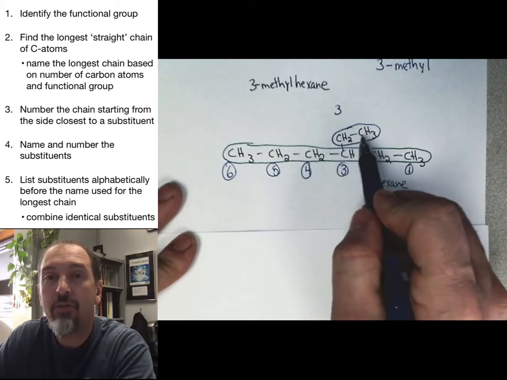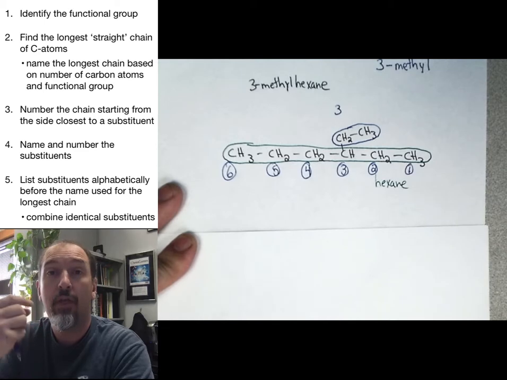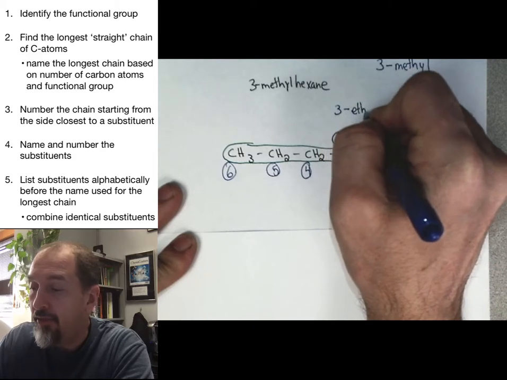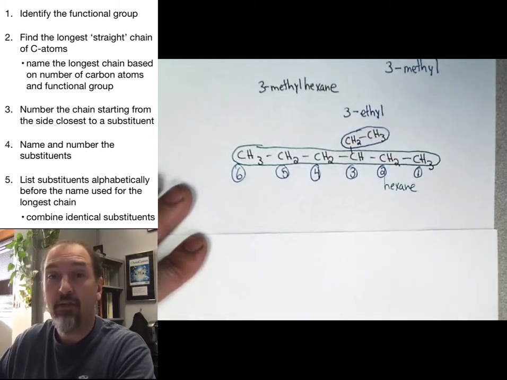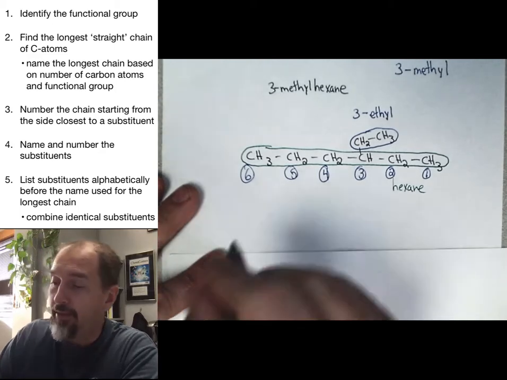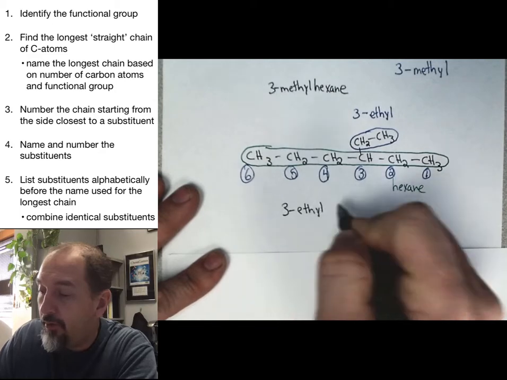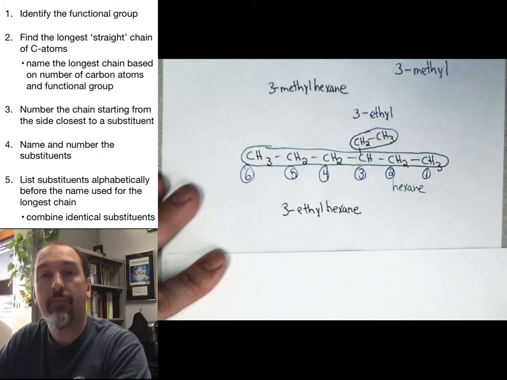And now this substituent has 2 carbon atoms. 2 carbon atoms, 2 prefix is eth. So this will be an ethyl substituent. So when I put this all together into a name, it's going to be 3-ethylhexane. 3-ethylhexane will be the name of that compound.